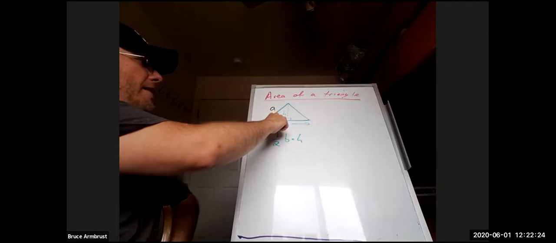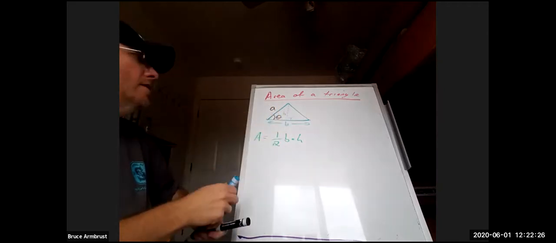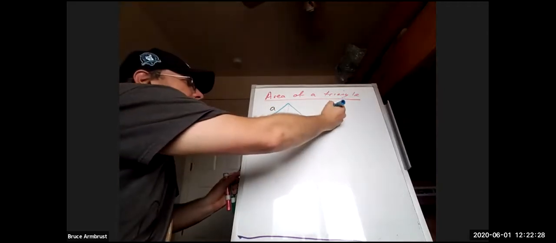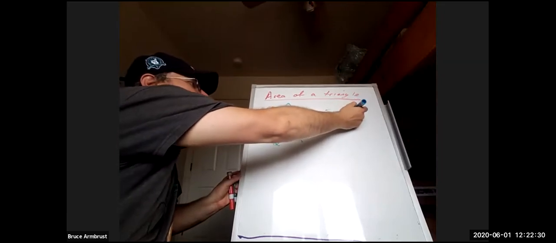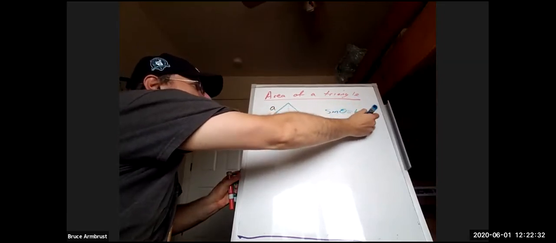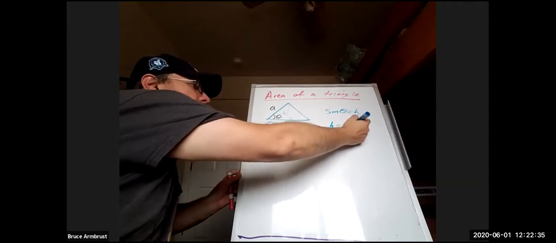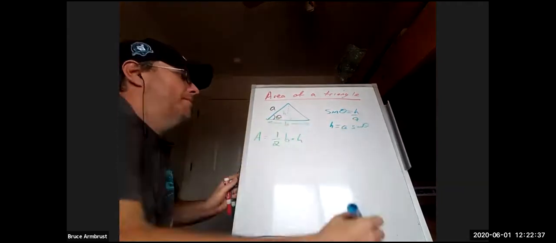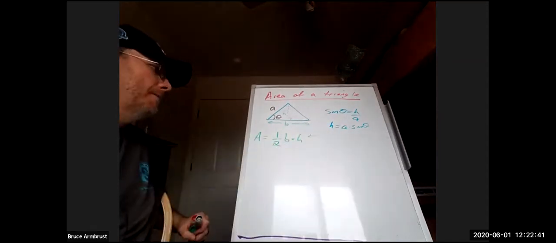All right, well, look at the relationship between theta, h, and a. We know that the sine of theta is equal to h over a. So h is equal to a times the sine of theta. So I'm going to fire that in here.